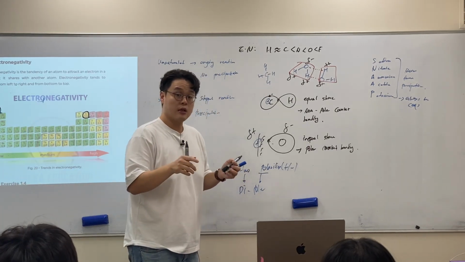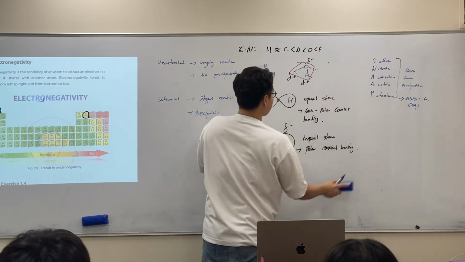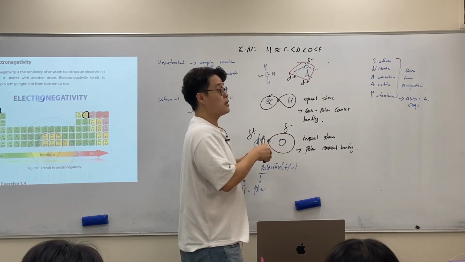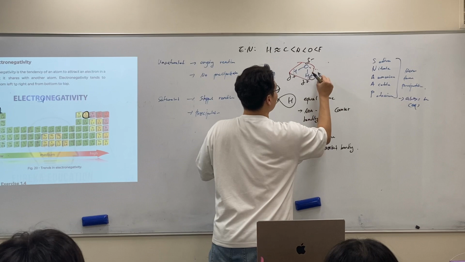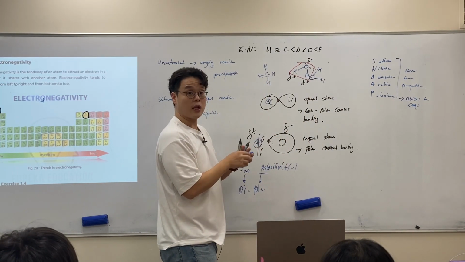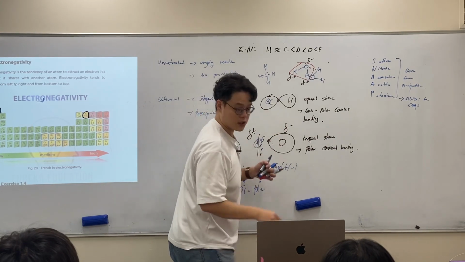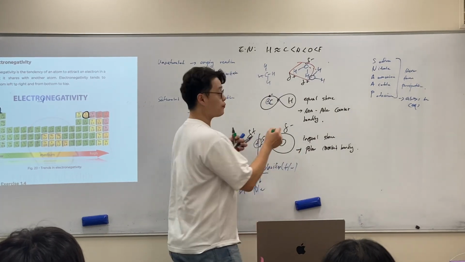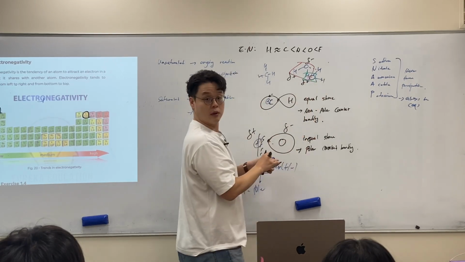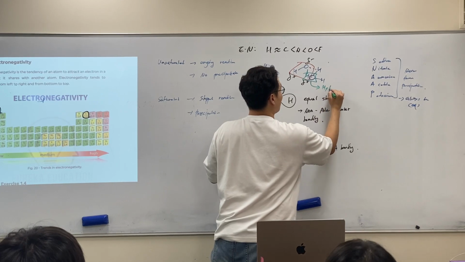Due to that really great interaction, oxygen is almost attached to the hydrogen. It looks like some sort of bonding now, because they're so close to each other. We call this hydrogen bonding.